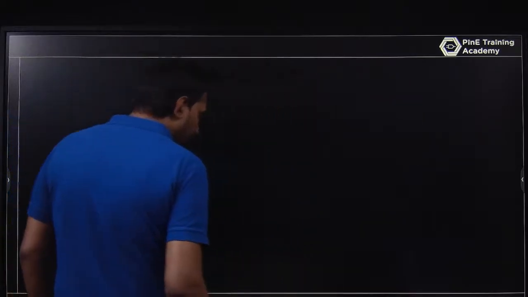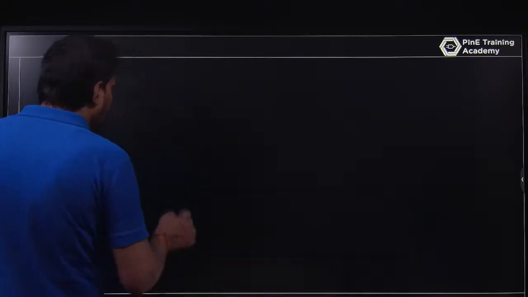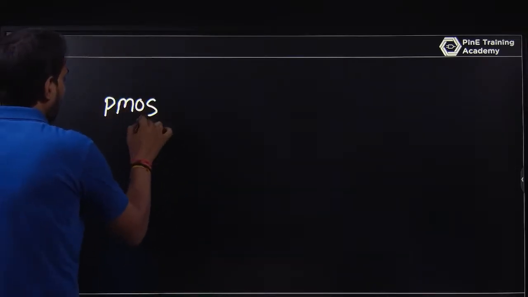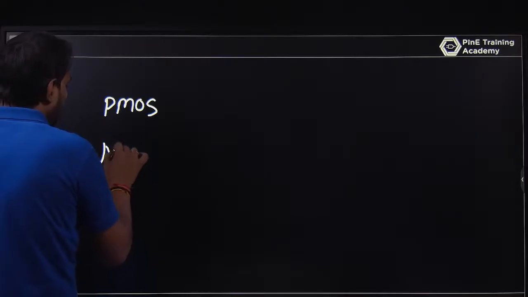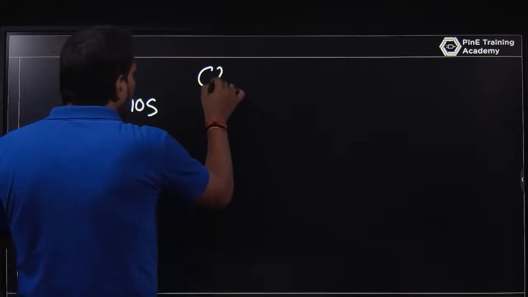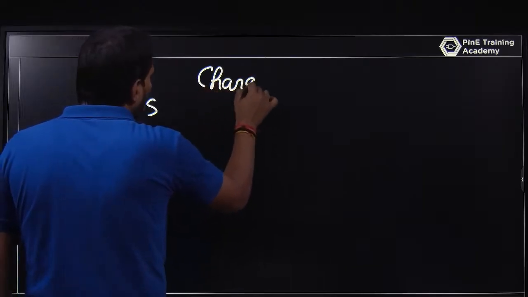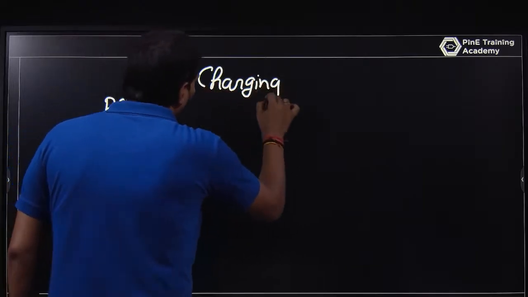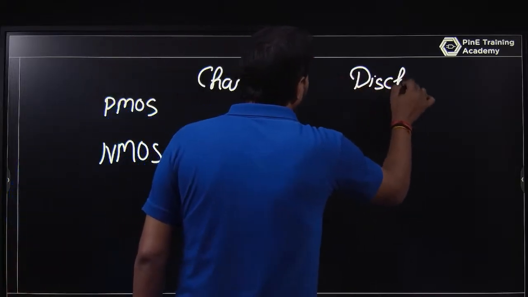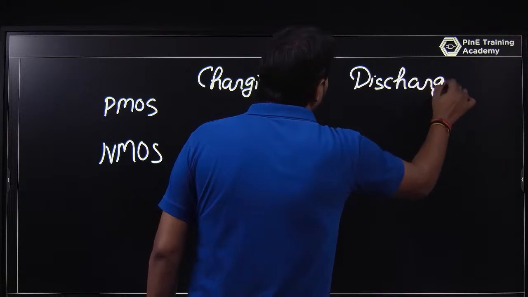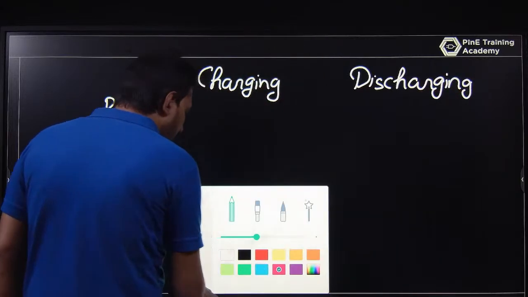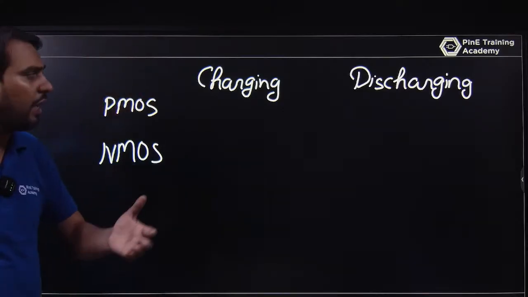So I am writing it in such a way that you have a PMOS and you have an NMOS, for charging and discharging. In charging, what are we saying?